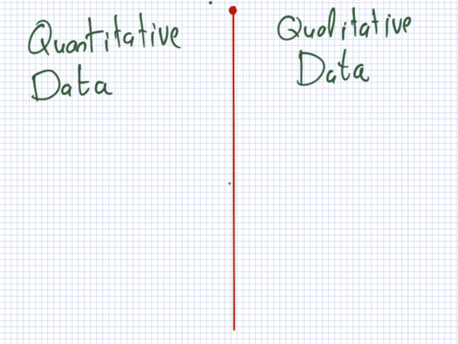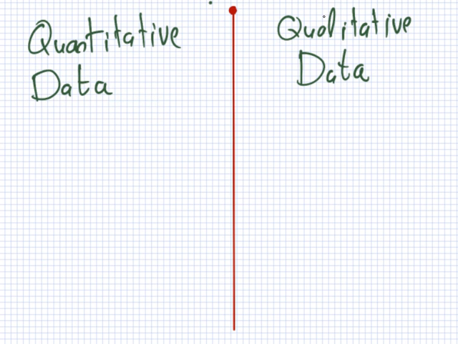Can you all please try to say these words, because they're a little difficult. The first one is quantitative, Q-U-A-N, and the second one is qualitative.